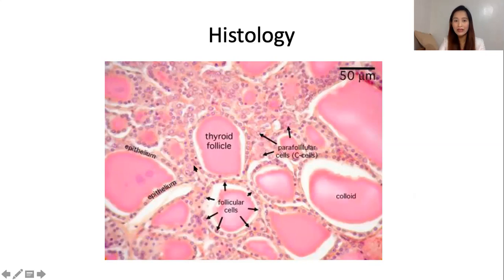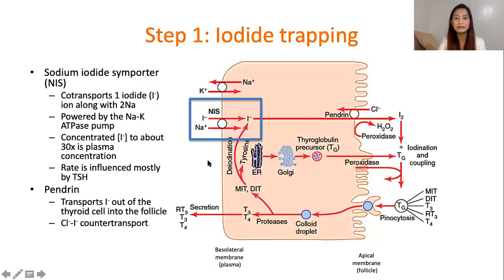The whole thing is your thyroid follicle. The thyroid follicle is composed of the cuboidal epithelium, and the colloid contains your thyroglobulin, where your thyroid hormones are stored. In between are your parafollicular cells, the cells responsible for secreting your calcitonin.